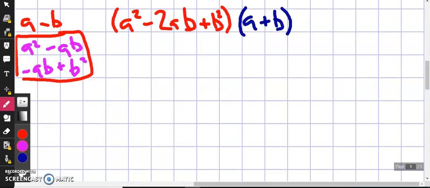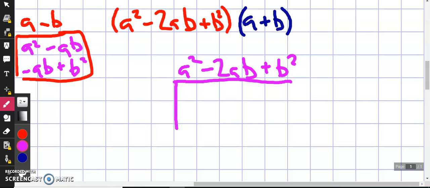So when we're multiplying a set of 3 times a set of 2, it's still going to work the same way. I'm just going to leave the 3 going across the top. So I'll have the a squared minus 2ab plus b squared. And then on the left side, we'll just carry down the a plus b.